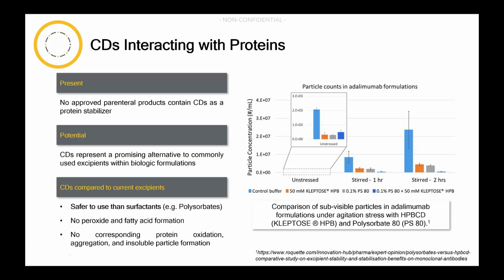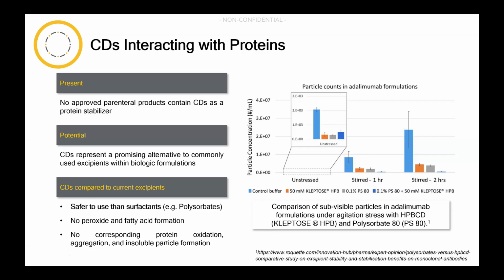You can see that without using any type of excipient, it has a high value, which is not suitable for the formulation. But if you are using the cyclodextrin or the polysorbate, you have a somewhat similar effect. But if you are using polysorbate and cyclodextrin together, it has a synergistic effect, and you can see that after 2 hours, the value is still very low when you are using both excipients.